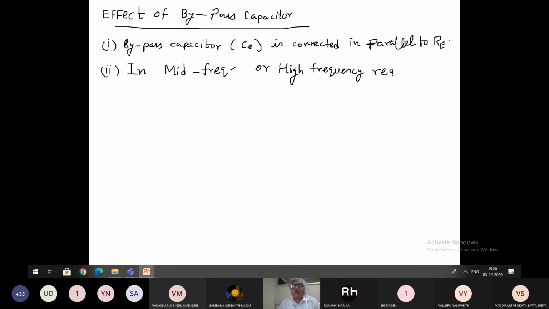Here the frequency is higher than in the low frequency region.